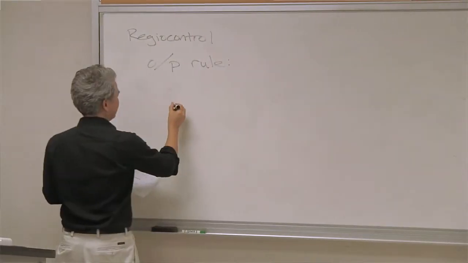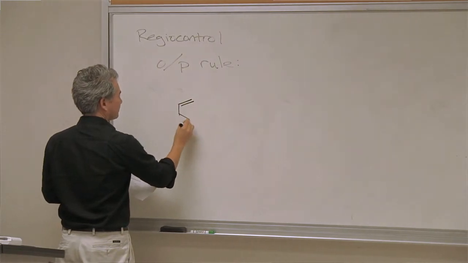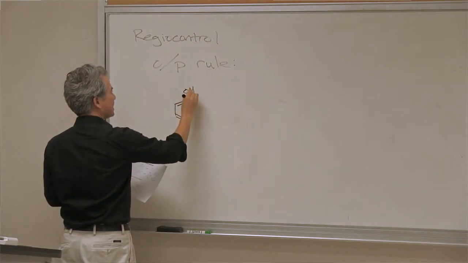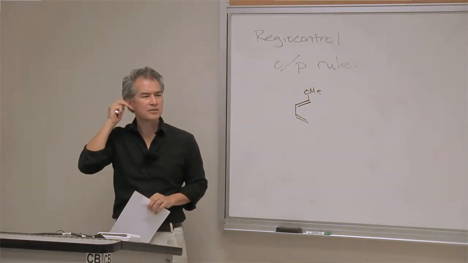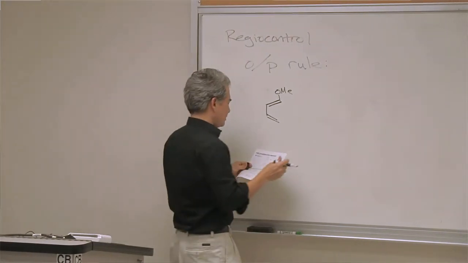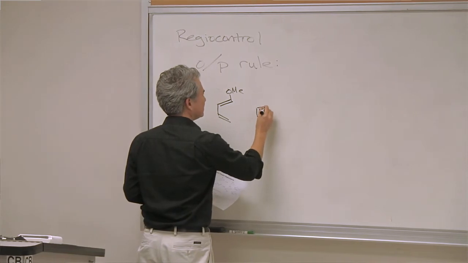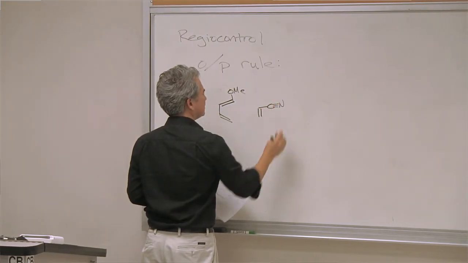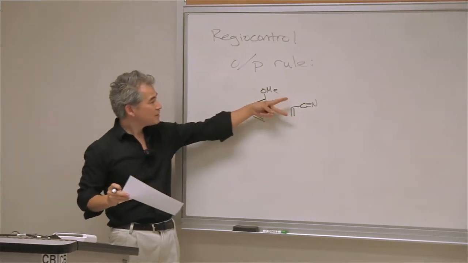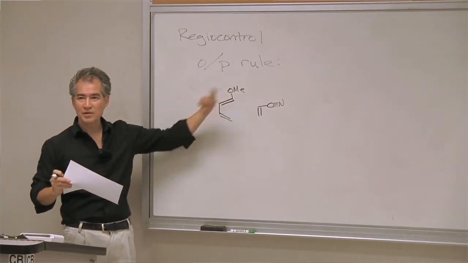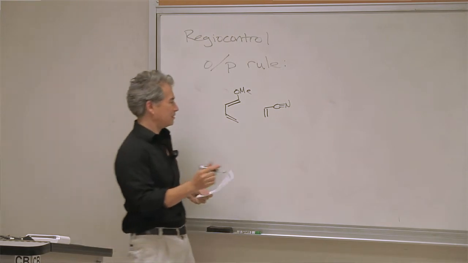And here's the way we think about the ortho-para rule. In the typical case where you have fast Diels-Alder reactions, you have a donor group on the diene. Your diene is usually the nucleophile. And you have an acceptor group on your dienophile.